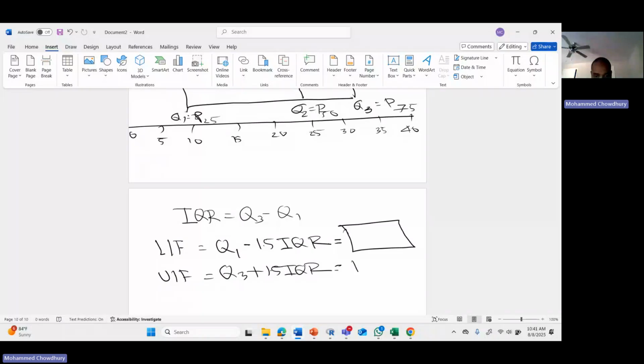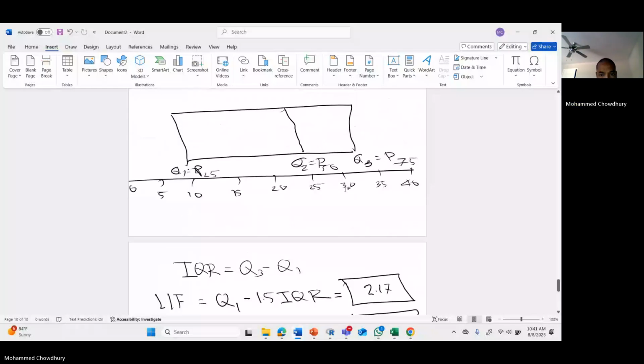Suppose the lower inner fence is 2.17 and the upper inner fence I got is 36.2, according to that scale. Now we have to construct the whisker, the next line, to the maximum within the upper inner fence.